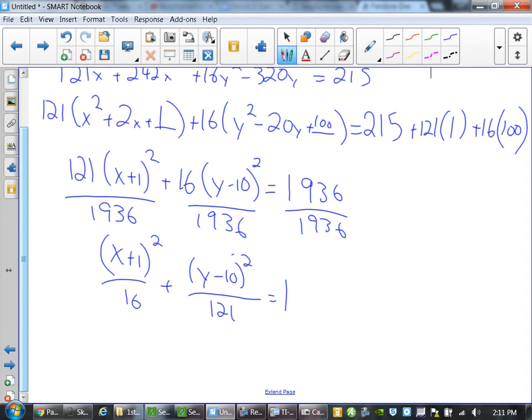So it's an ellipse, but what direction is it being stretched if the a squared is underneath the y value? Look at the program in your app. I believe it's up and down. I think it's up and down, right?